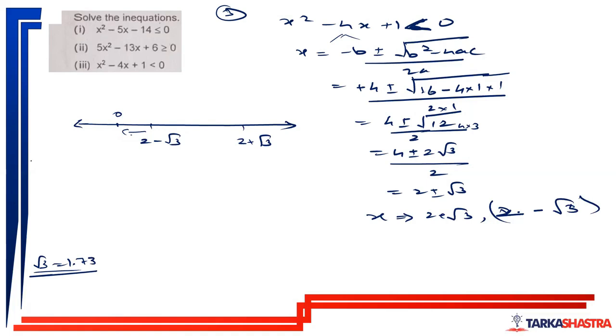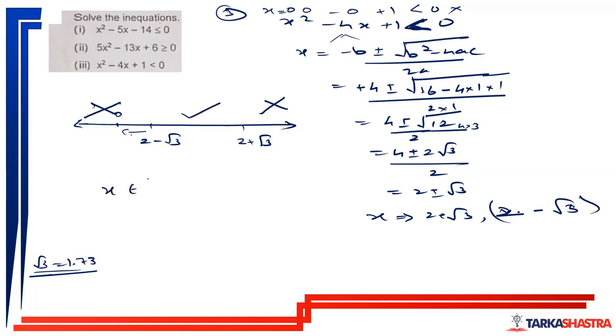If I substitute x is equal to 0 in this equation, this is 0 − 0 + 1 < 0. So this equation is not getting satisfied. So this range is not getting satisfied, definitely this range should also not get satisfied, and the range in between should get satisfied.